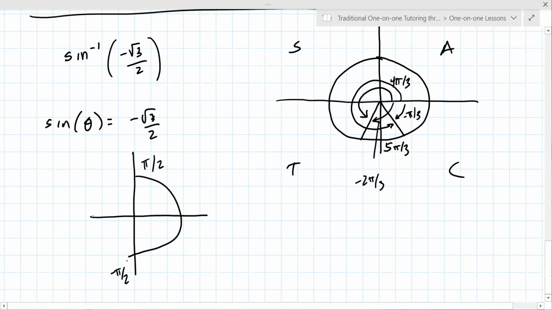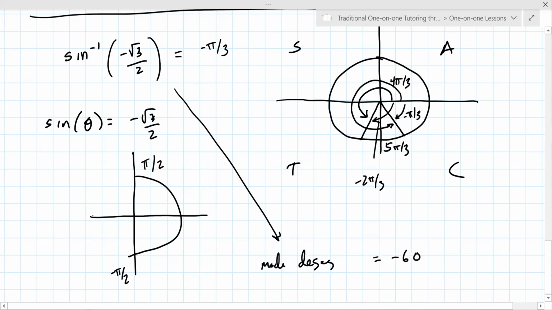But it still has to be between minus pi over 2 and pi over 2. So the answer to this one is minus pi over 3. And if you have that graphing calculator and you put your mode in degrees, you'll get minus 60. Just as a sanity check on these things.